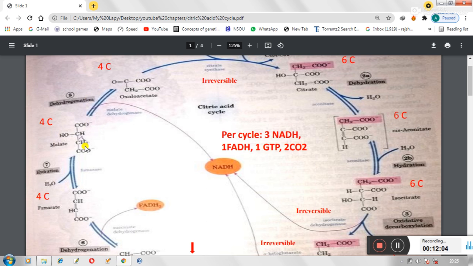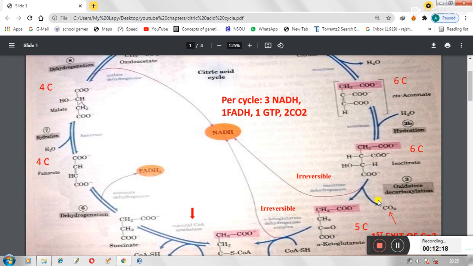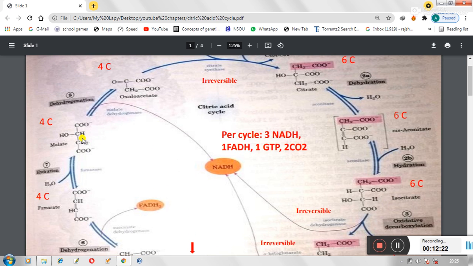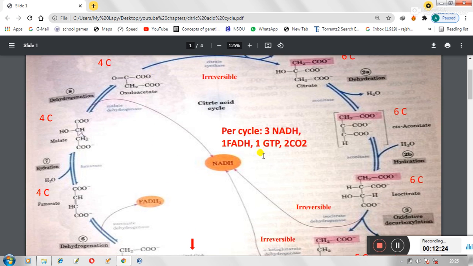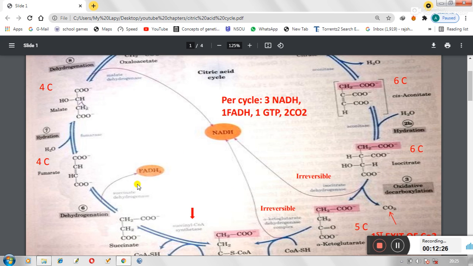Two hydrogens are transferred and oxidation occurs: NAD takes H plus and produces NADH. So there are 3 places where NADH is produced: isocitrate to alpha ketoglutarate, alpha ketoglutarate to succinyl coenzyme A, and malate to oxaloacetate. FADH2 is produced in a single case, succinate to fumarate. These are the different places you have to answer.